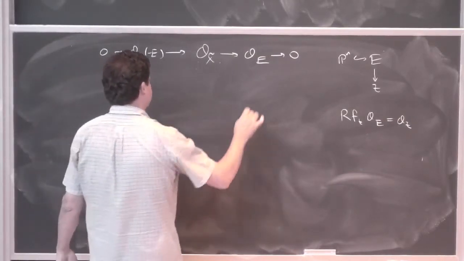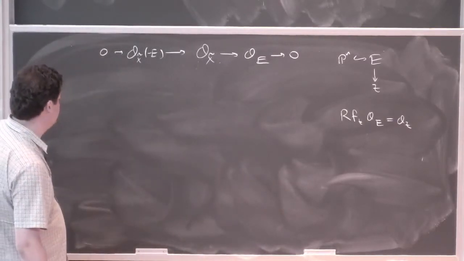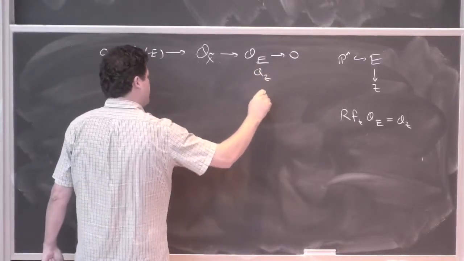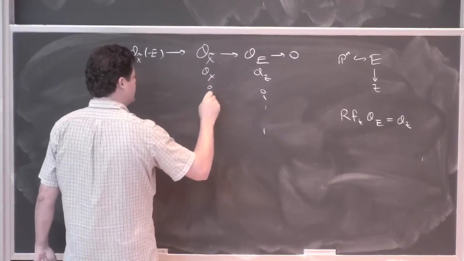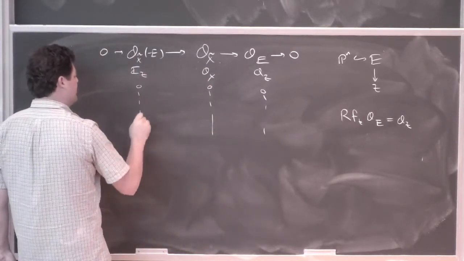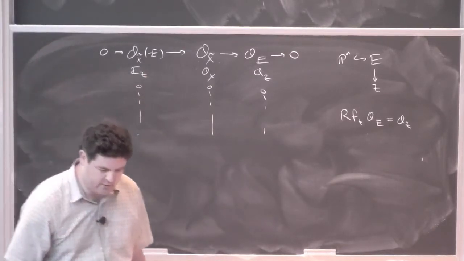So here we have O_Z. This is O_Z. This is O_X. I want this to be O_X, 0, 0 and 0, and so this will be I_Z, 0 and 0 and 0. So that's the answer.